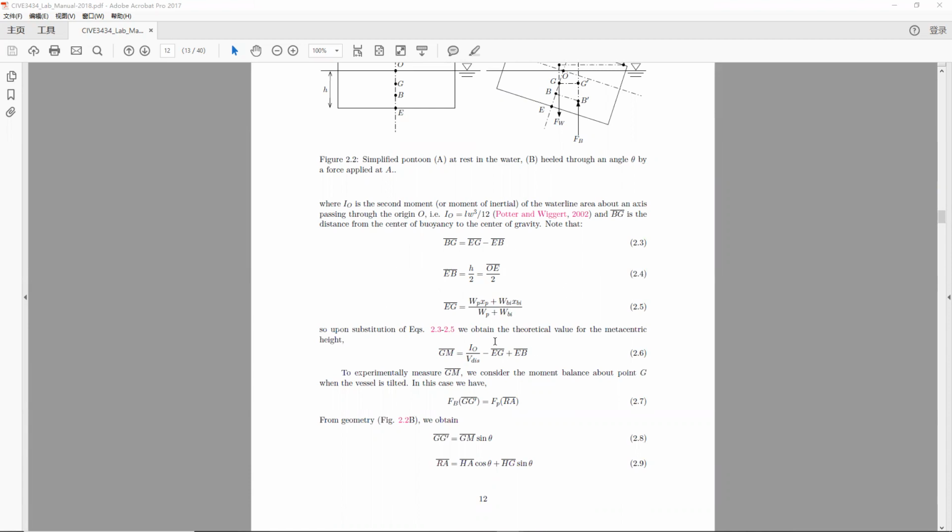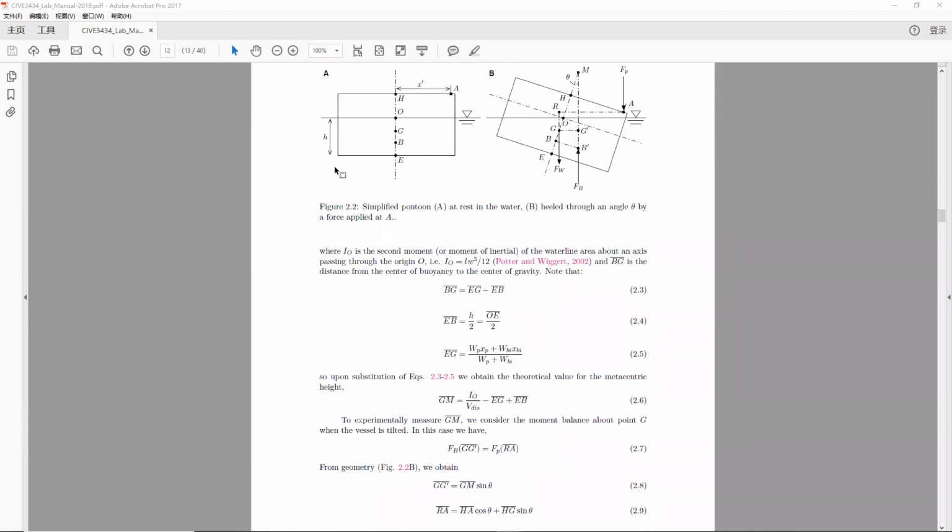The difference for the 3 cases, you can find in equation 2.4, EB equals H over 2. The H, which is the draft, is different because for the first case you're using the empty vessel, but for the second case you're adding 2 kilogram, and for case 3 you're adding 4 kilogram.